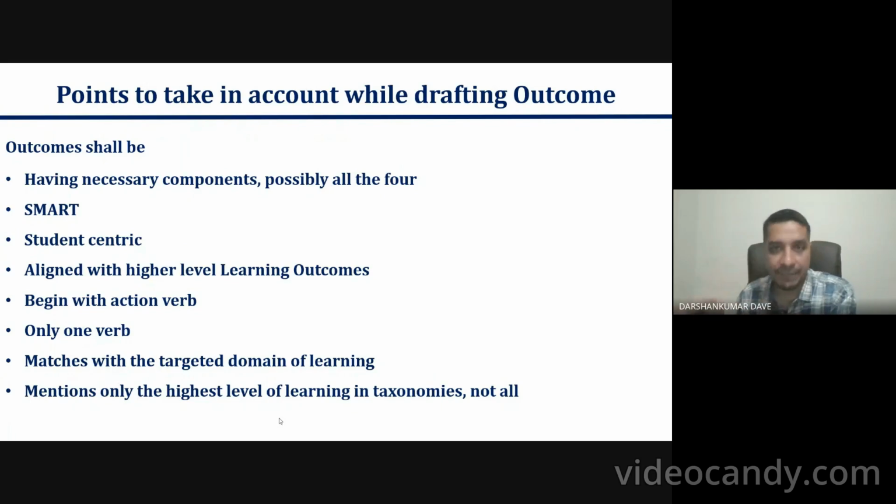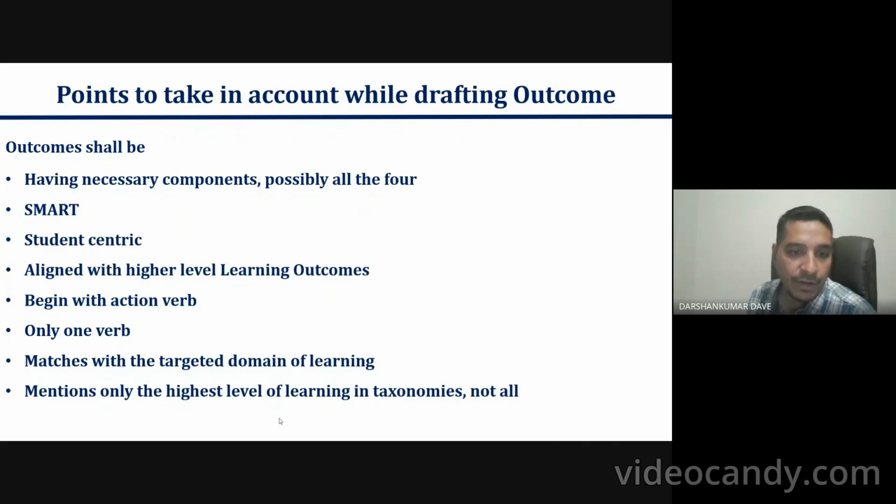Here, the subjects are different. When I say you should use only one verb, it means only one verb for a particular subject in the course outcome. If you have two subjects separately, you can use two separate verbs for them. That is fine. But for a single subject, you must have a single verb. Okay?